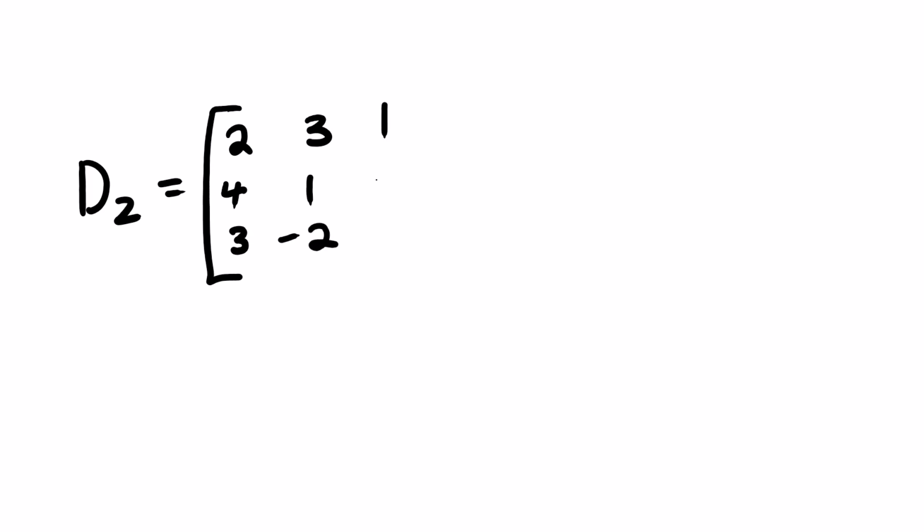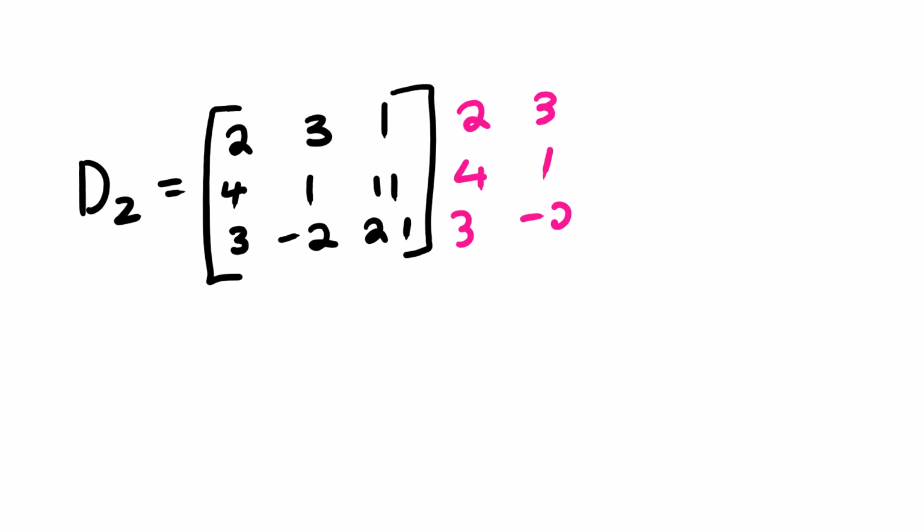So dz is equals to the entries of z we substitute by the results. So we have 1, 11 and 21. Then we need to extend 2, 3, 4, 1, 3, negative 2.